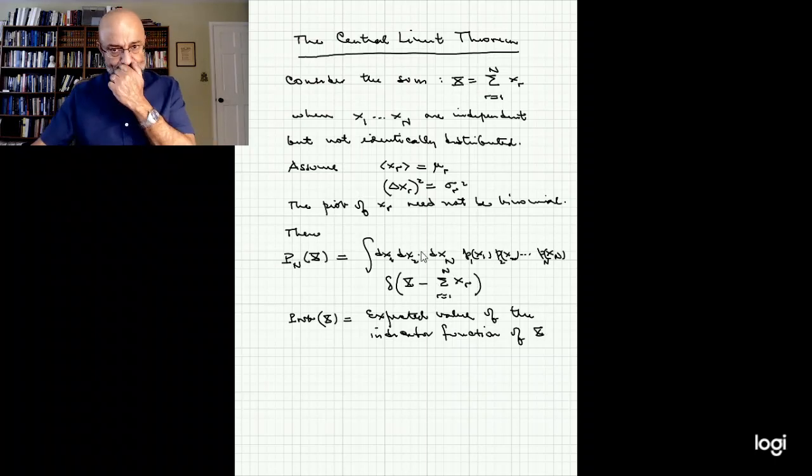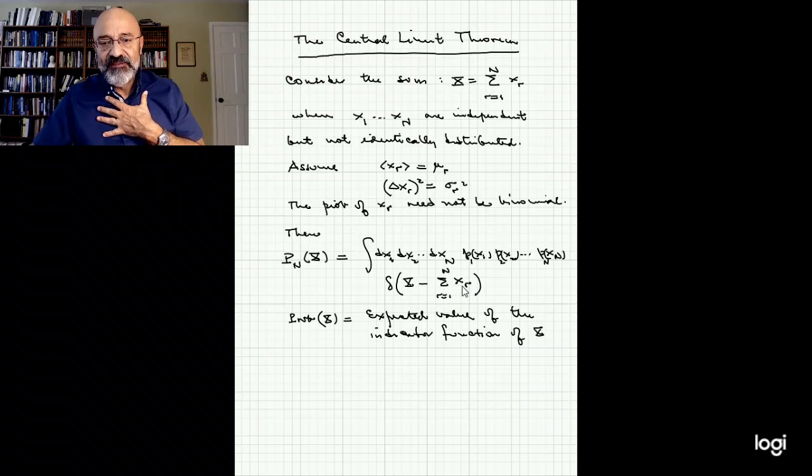Now, how does one solve such an integral? Figuring out that integral is not completely trivial. You can do it using Fourier transforms.